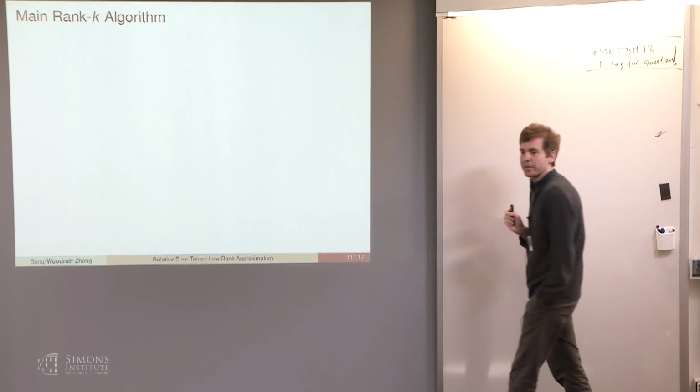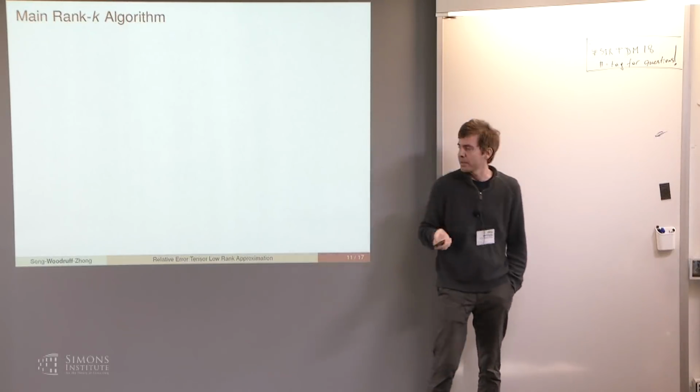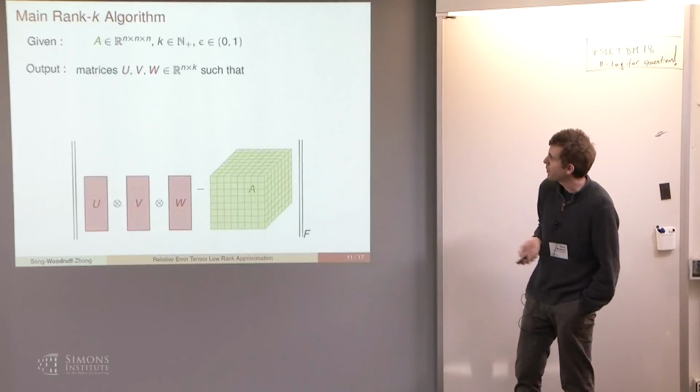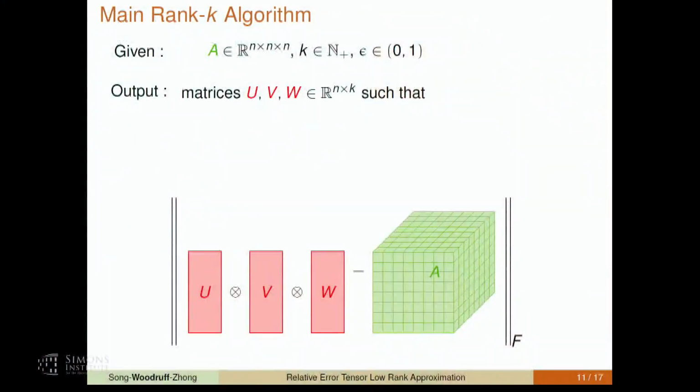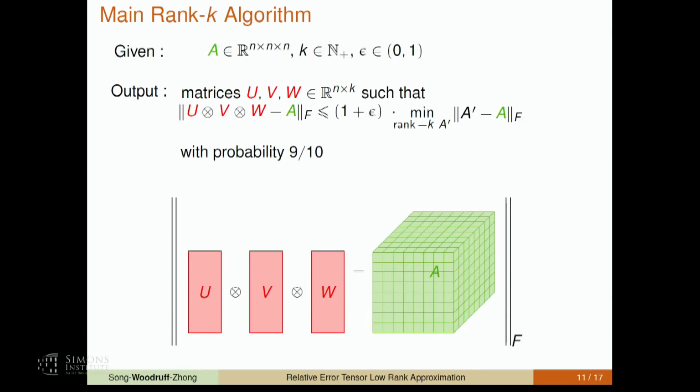If you insist on a rank k tensor, then we also have an algorithm where we output u cross v cross w, which is rank k now. It's a randomized algorithm. Now the problem is NP hard, so it's not going to be fully polynomial in all the parameters.